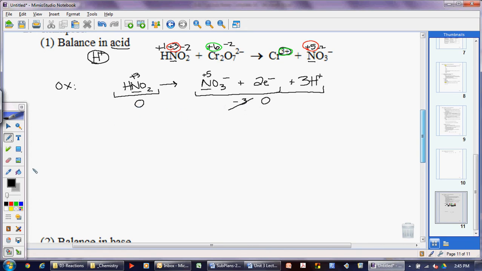If this side had instead been negative 1, we would have added 4 H+ to try to get to negative 1. Okay, I'm going to undo that so we don't confuse ourselves.